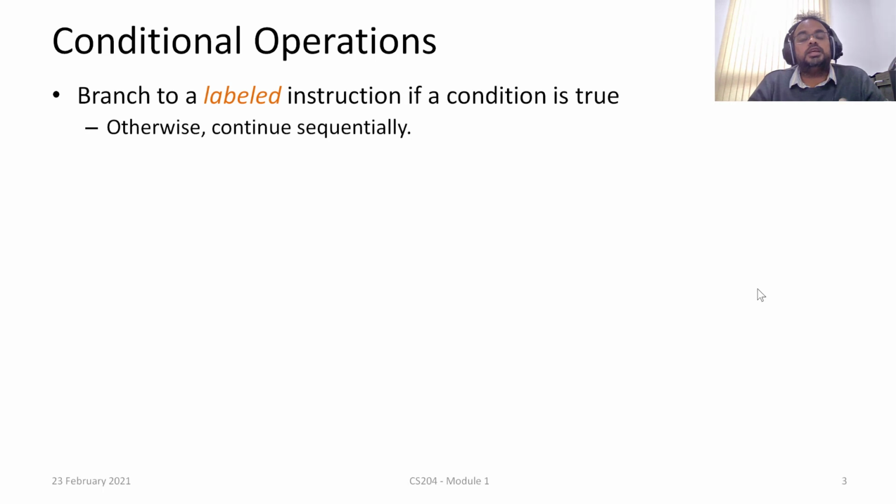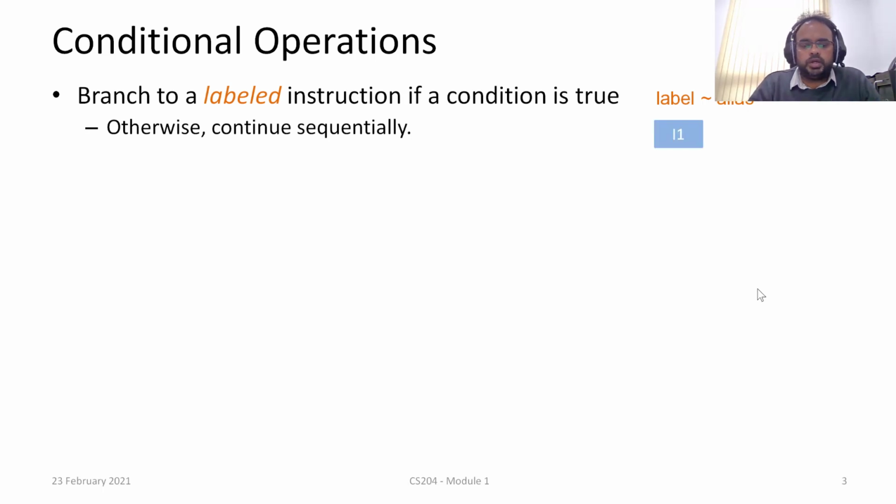Now what does a label mean? You can say it is an alias for the instruction, another common name that we give for our convenience in the assembly program, right? We are going to see how that eventually gets converted into machine code, but for now just go with the point that if the condition is true, then we want to branch to some labeled instruction, but if the condition is false, then we'll go to the next sequential instruction.